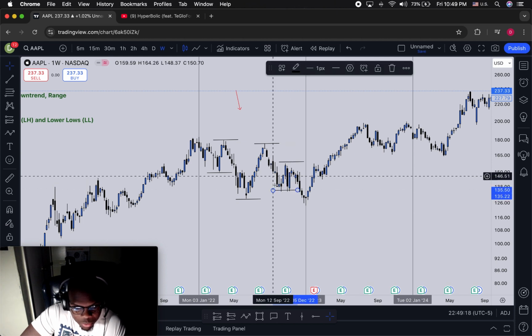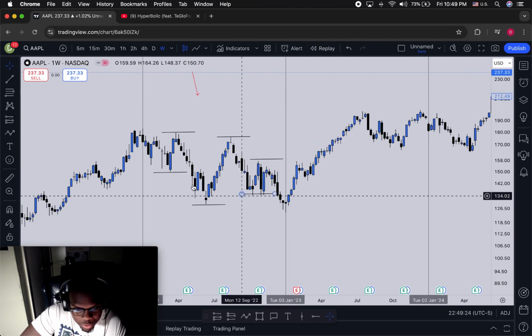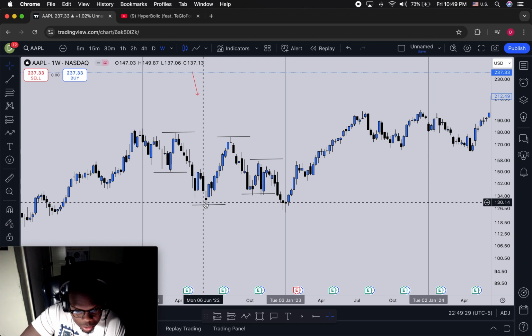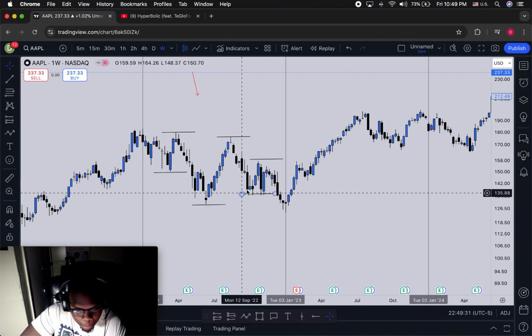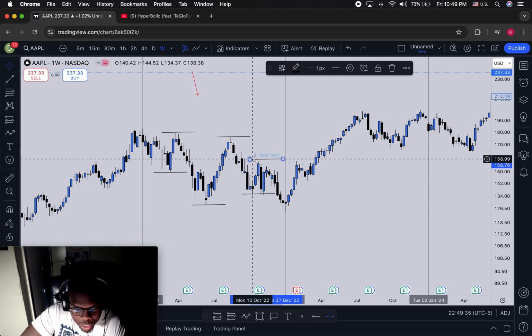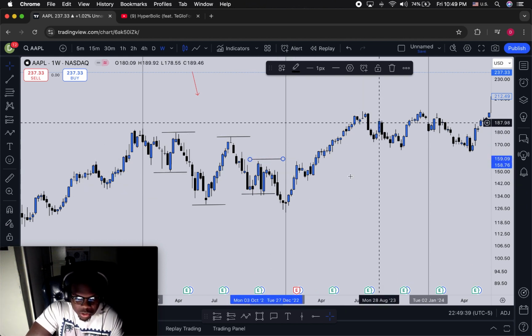This could have just been moving sideways, as we can see off the wicks. Even though this low was higher than this low, because the high was lower than the lower high, we're still in a downtrend until the moves correct. I'll get into that as we continue.